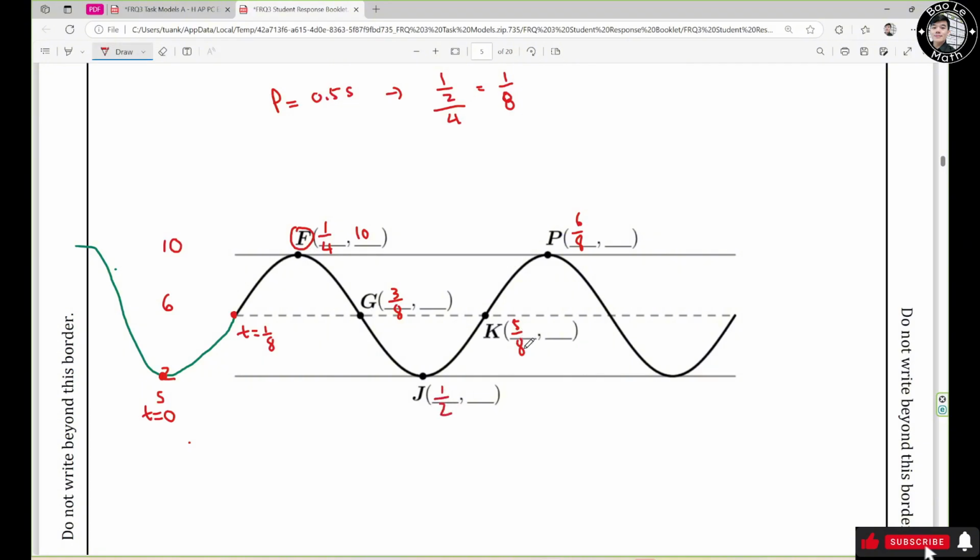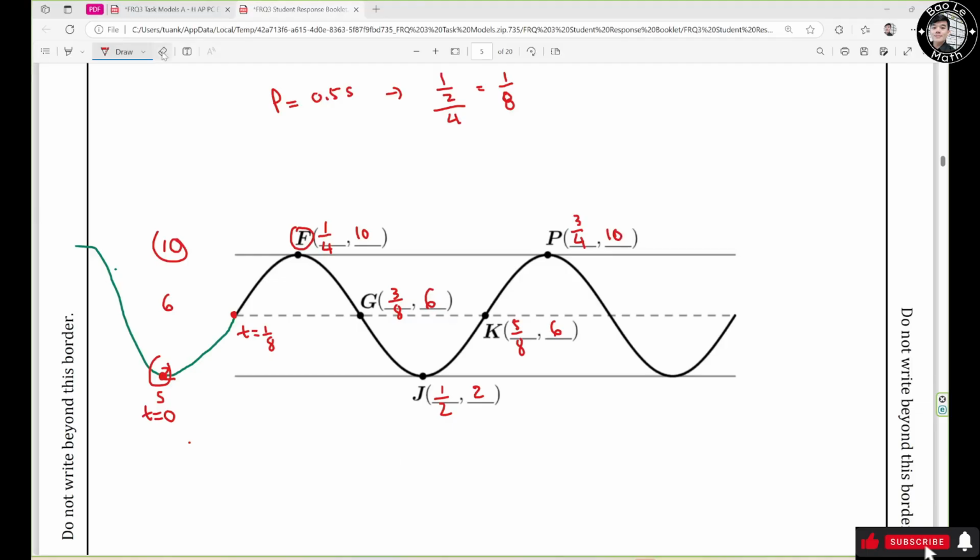This is 5/8, cannot be simplified. This is 6/8, which means 3/4. And then you put the height here. This one should be 6. This one should be 6. This one is the lowest point, so the height should be 2. This one 2, and this one should be 10 right here.